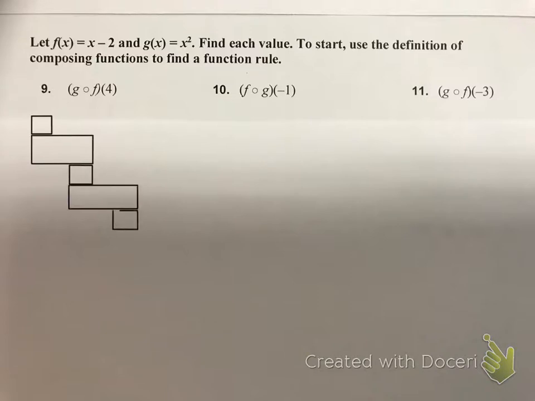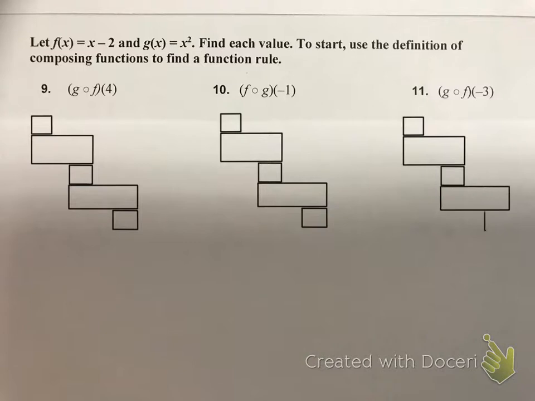Alright, here comes our composition of functions. My first one is, let's slow this down a little bit, f of g of x, where x is 4. Remember, we start at the right and go to the left. So I'm going to put my x first, then my g of x, and then my f of x.